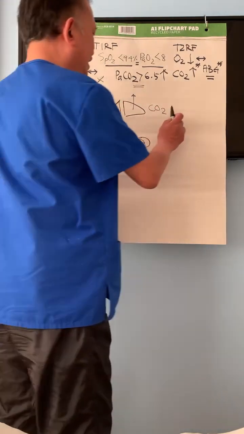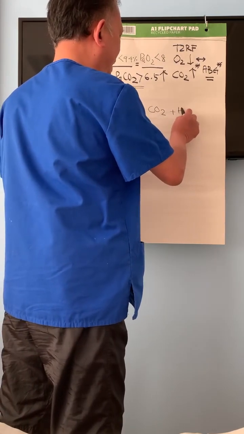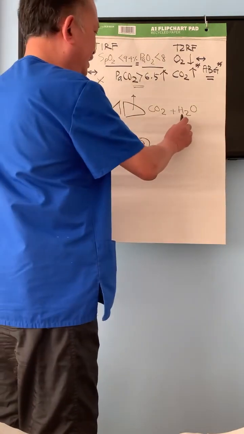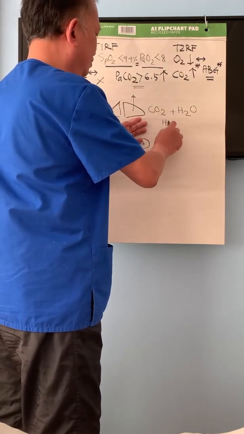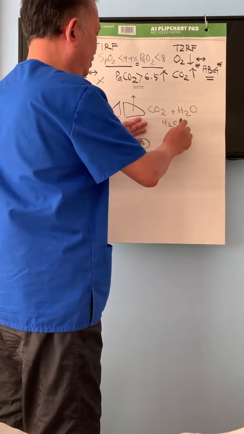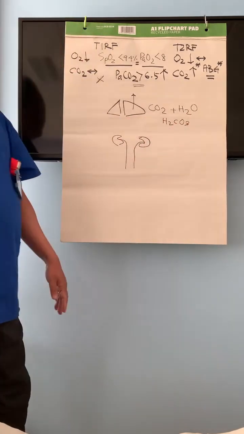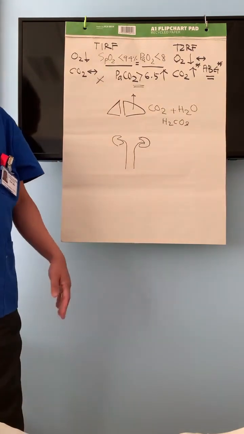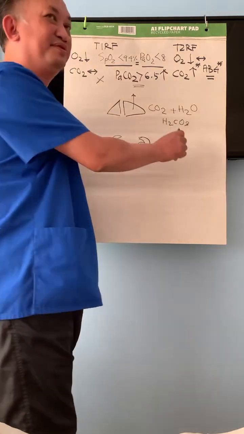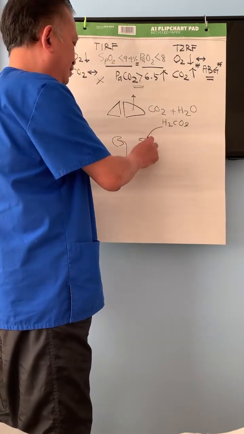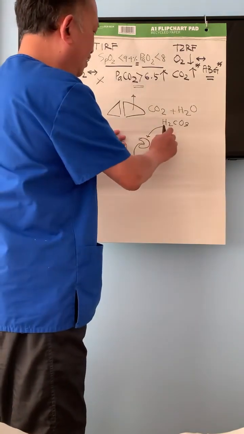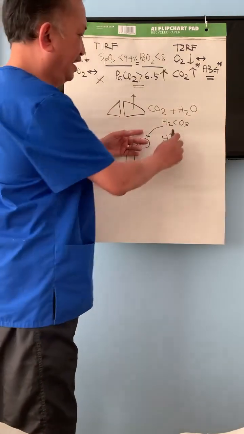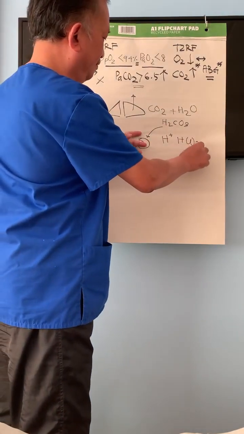After that, the carbon dioxide retained in the body binds with water in our body. After that, it becomes H2CO3, carbonic acid. After that H2CO3 goes to the kidney, and it breaks down as H plus, and the other part goes with HCO3 minus.